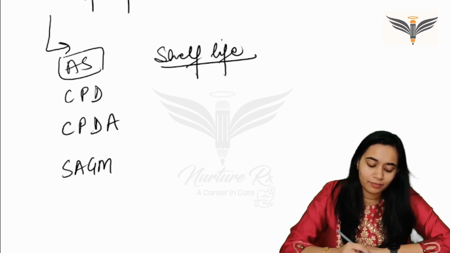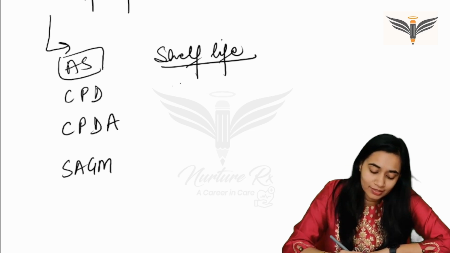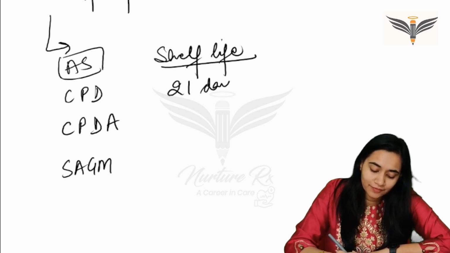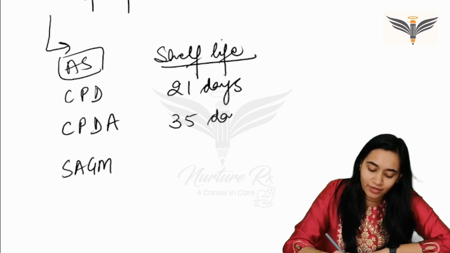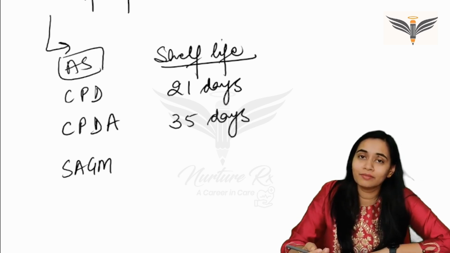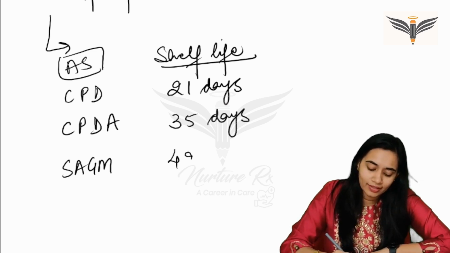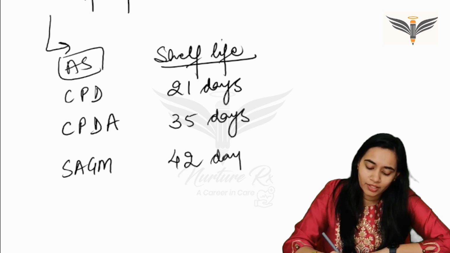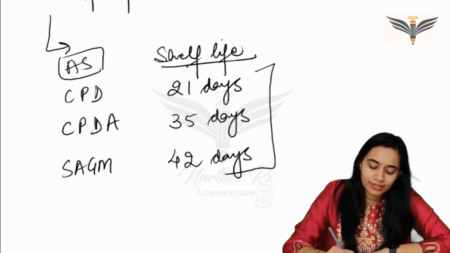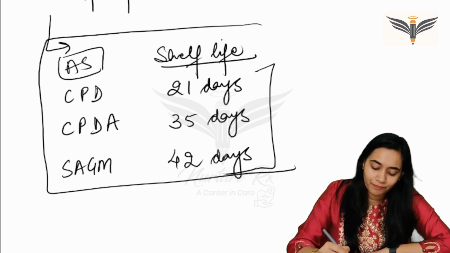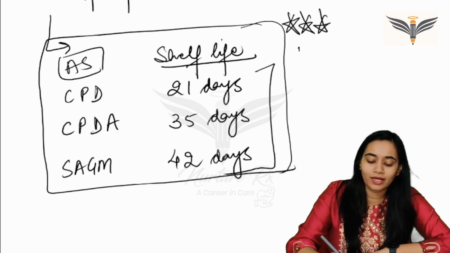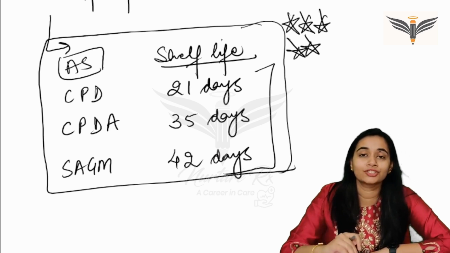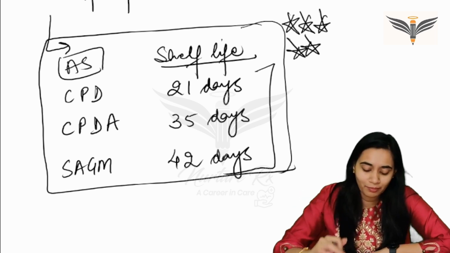So if we are keeping it on CPD, the shelf life is 21 days. If adenine is added, it becomes 35 days. And if SAGM is also added, then it becomes 42 days. So this is one table from which a question can be asked in your exam. So this is the shelf life that you have to remember. Okay.